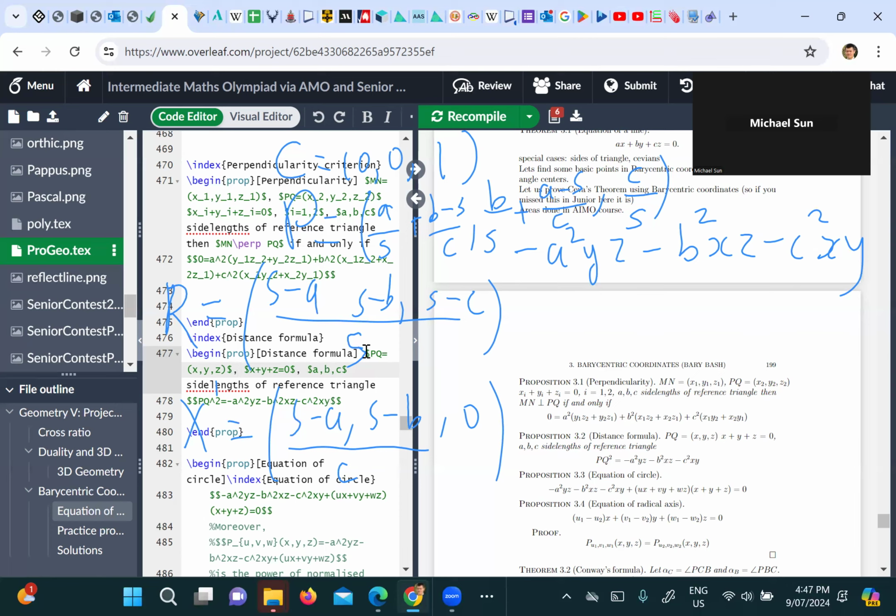Oh yeah, I did. We got back to S minus C squared. What was your other factor other than S minus C squared?